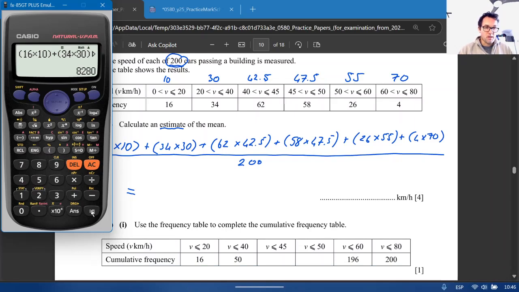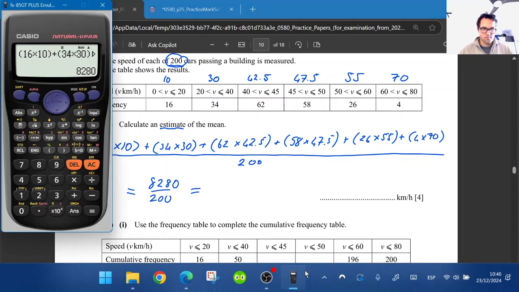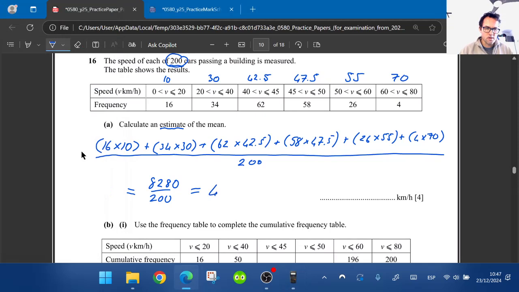So I get all their speeds at 8,280, which we then divide by 200. 41.4.